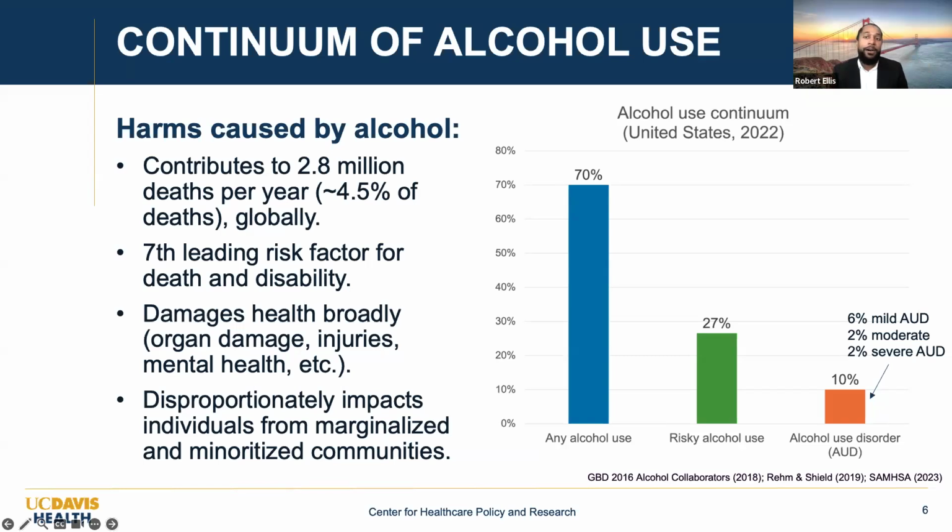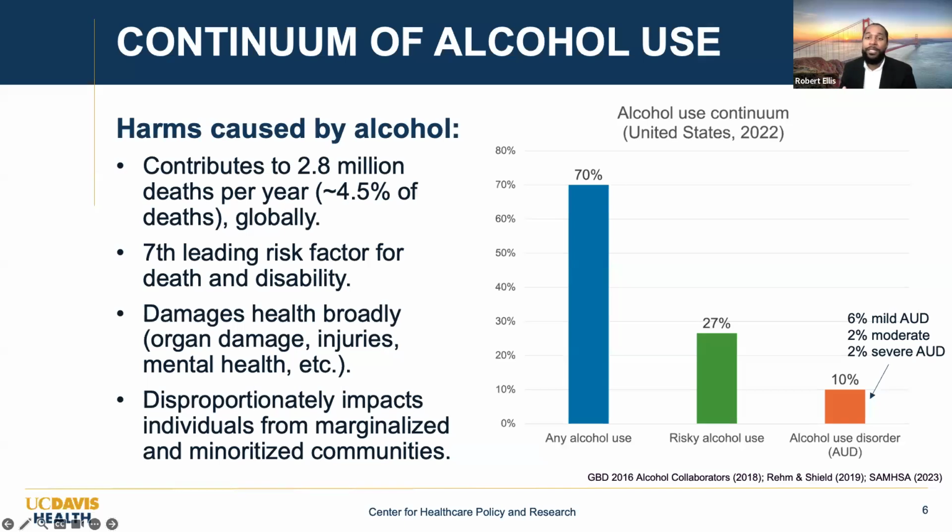And it disproportionately impacts individuals from marginalized and minoritized communities. If you look to the right, you will see a graph, and it says specifically in the US, 70% of the population consumes any alcohol in a given year, and 27% consumes alcohol at risky levels. Later in the presentation, we'll talk about what risky levels means.